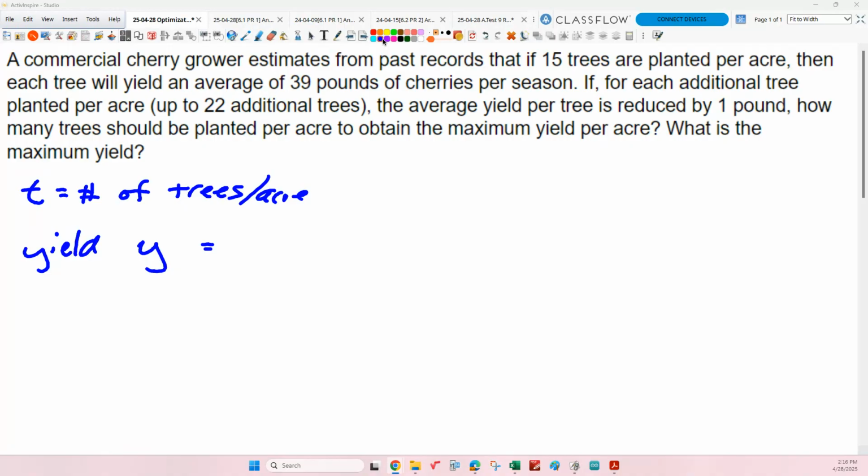Actually, we're trying to find yield per acre. Sorry, that's all we're trying to do. That's what we're trying to find. Yield is maximum yield per acre. What are we going to do with that?